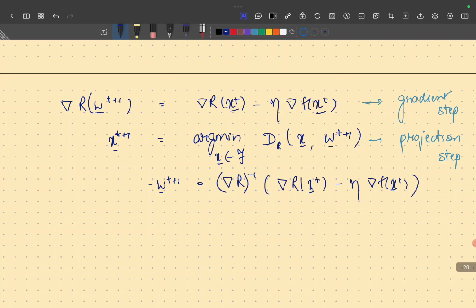But this is where properties of convex functions come in.